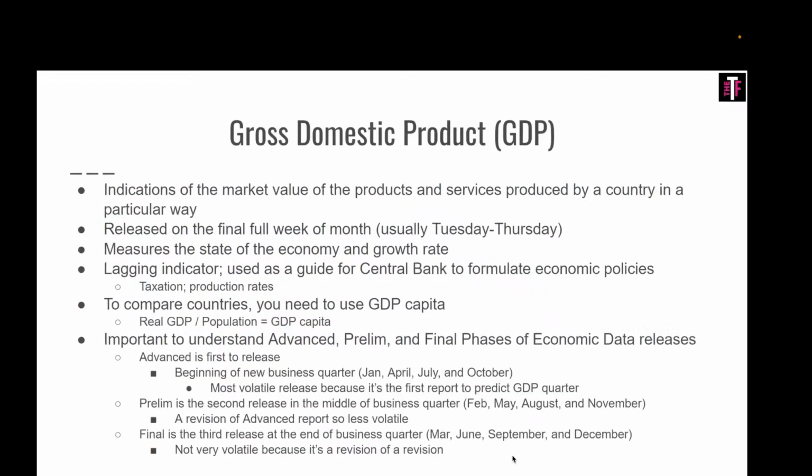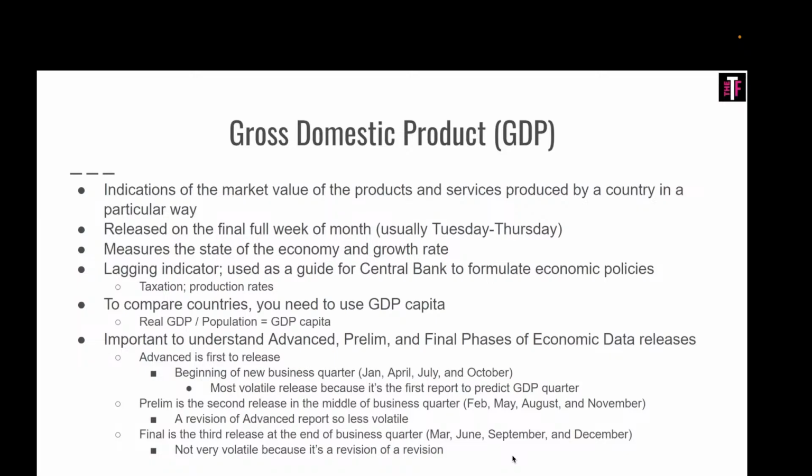Gross domestic product. It is the indication of the market's value of the products and services produced by a country in a particular year. It's usually released on the final full week of the month, usually a Tuesday, Wednesday, or Thursday, like I've said before, and it measures the state of the economy and the growth rate. It is a lagging indicator.